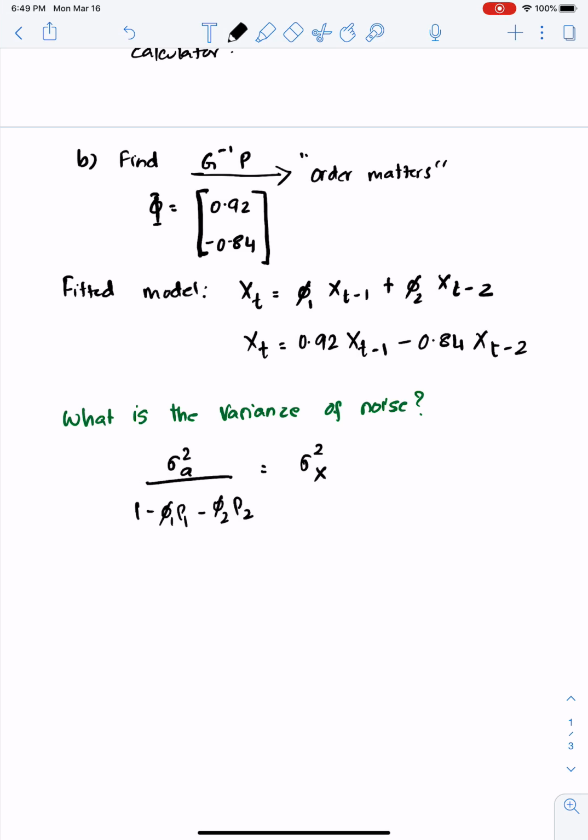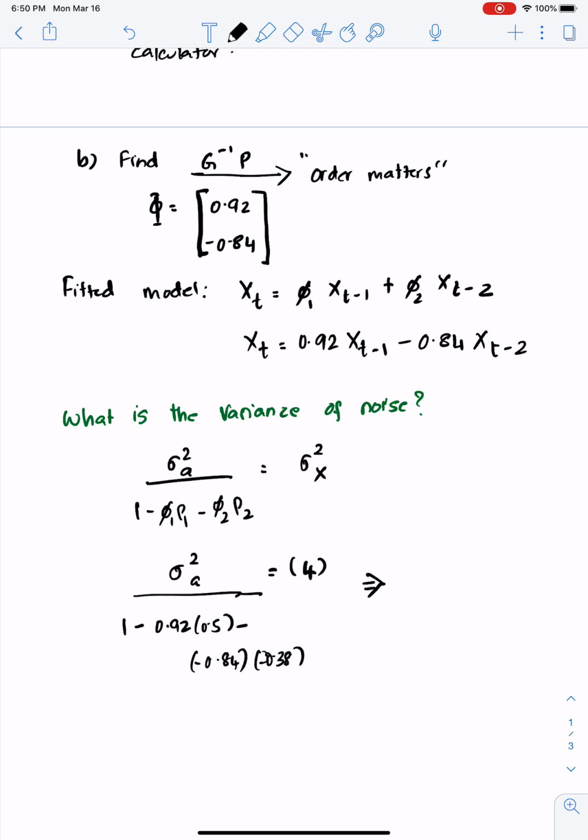In the problem, it is given that sigma squared x is 4. So 4 equals sigma squared A divided by 1 minus 0.92 times 0.5, minus negative 0.84 times negative 0.38.